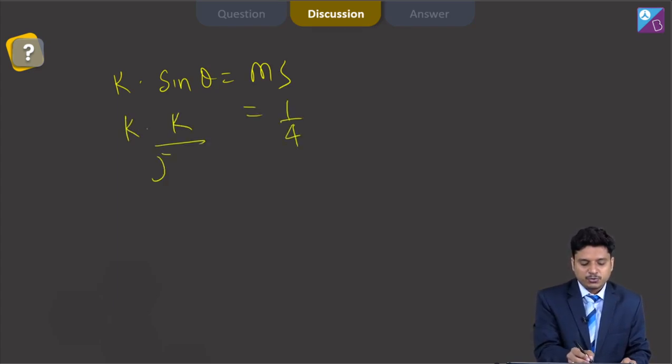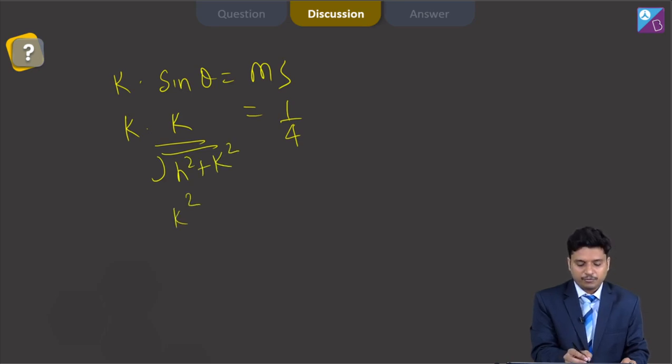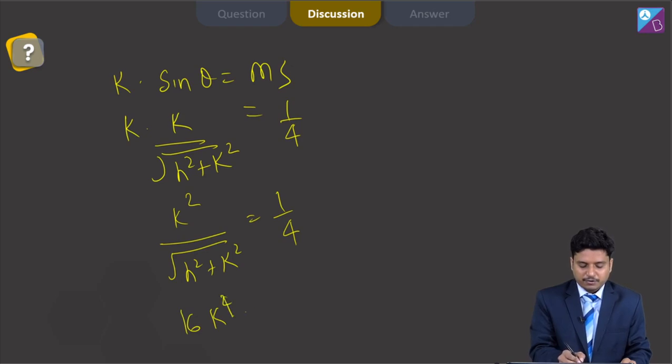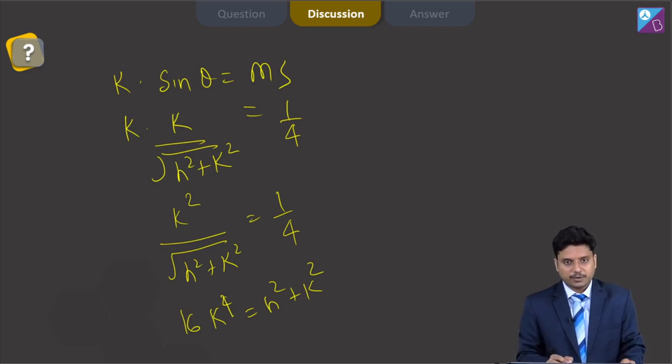So k into k upon under root h square plus k square is 1/4. So k square upon under root h square plus k square is equal to 1/4. It is 16k raised to power 4 is equal to h square plus k square.